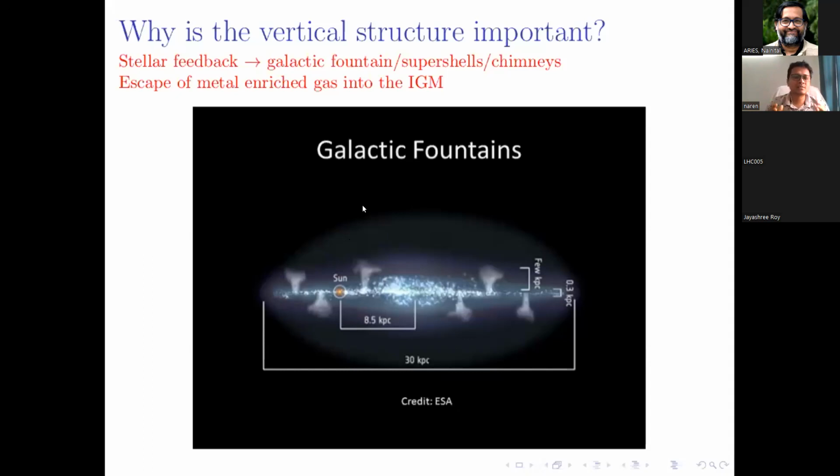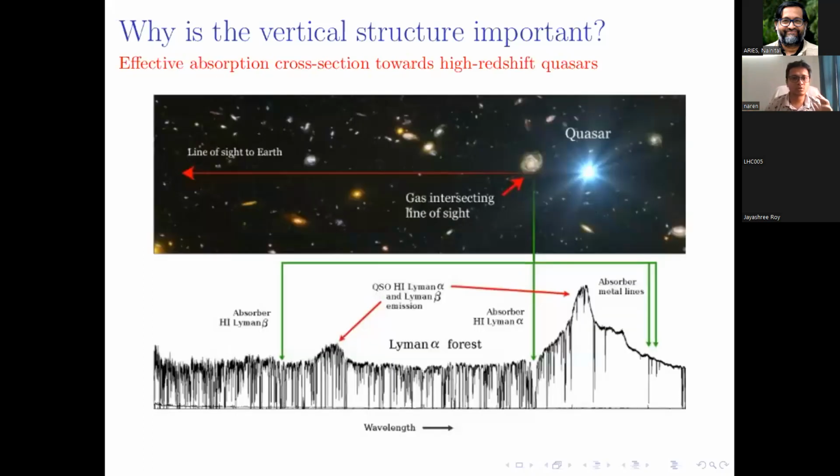So if I have an ecosystem of galaxies, some dwarf galaxies and spiral galaxies, and you know how much metal they are producing over time, you also need to know the distribution of their gas disk in the vertical direction, so that they can effectively mix this metal enriched gas into the circumgalactic medium or intergalactic medium. So in that sense, it is also important.